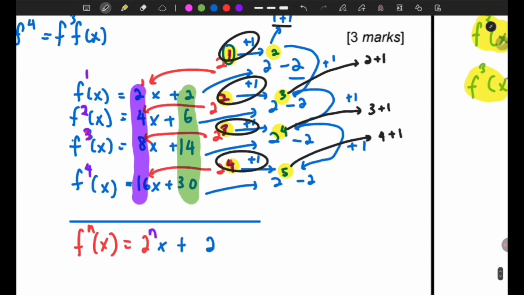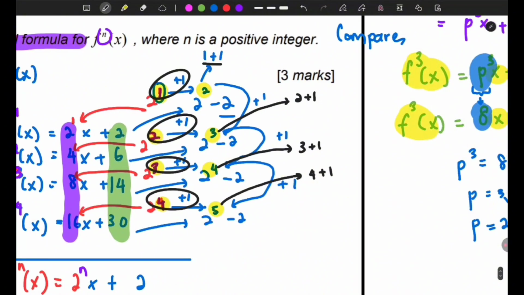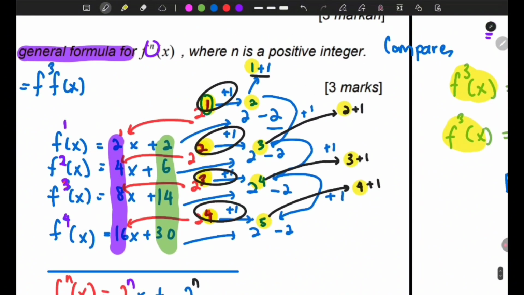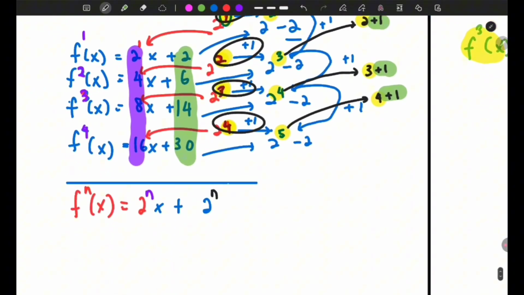Now you see a clear pattern already. The numbers 1, 2, 3, 4 are the same as this 1, 2, 3, 4, so you put the n. And you also see a same number after that: plus 1, plus 1, plus 1, plus 1, which is the common number.